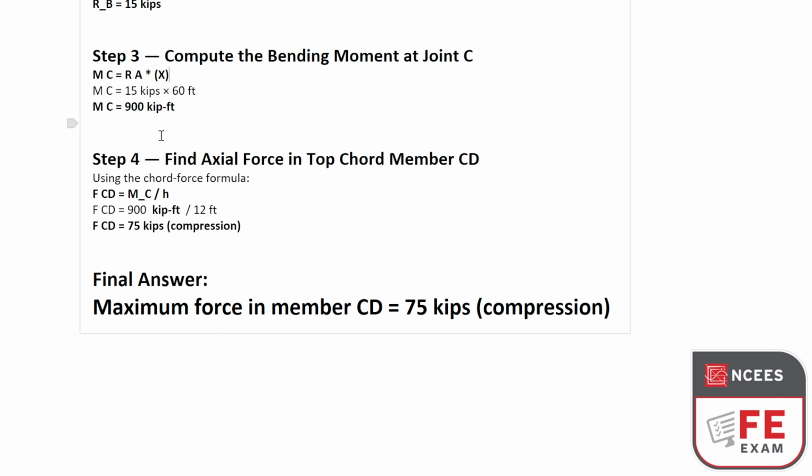Now that you found the maximum bending moment, all you've got to do is calculate the maximum force in member CD, which is nothing but maximum bending moment divided by the height of the truss. Height of the truss is 12 feet and maximum bending moment is 900 kip-feet. So feet cancel, the unit is going to be kips. 900 by 12 is 75. So FCD is going to be 75 kips.